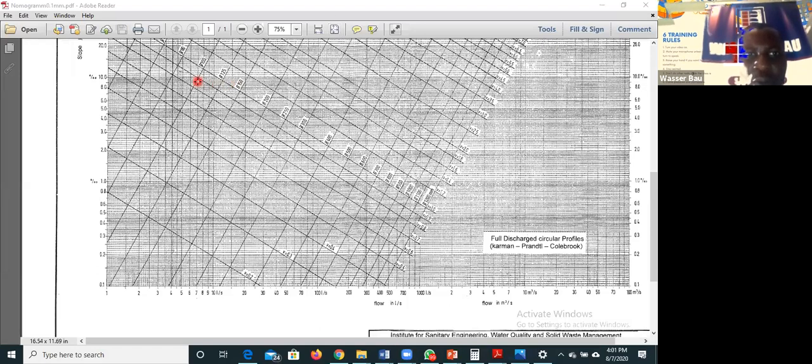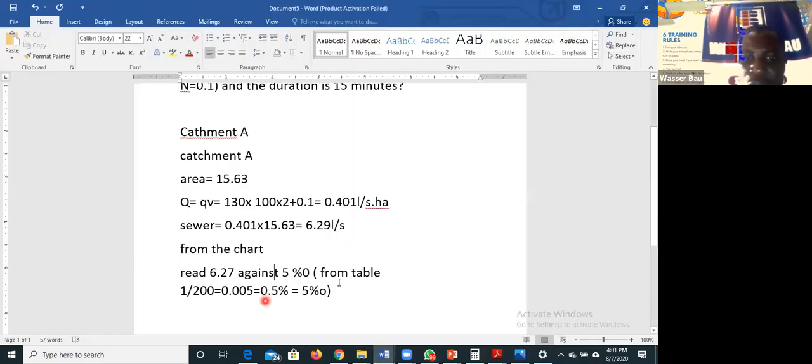So here I have 100 mm, here I have 125. So I'm going to choose 125. That means the optimum pipe size for pipe A is 125 mm. But in bracket, I will say use 150 mm.